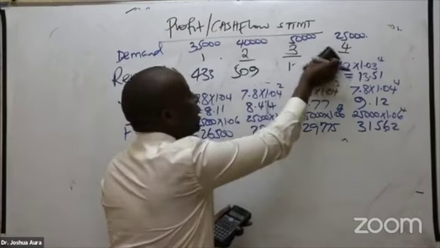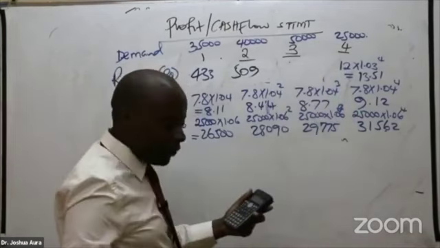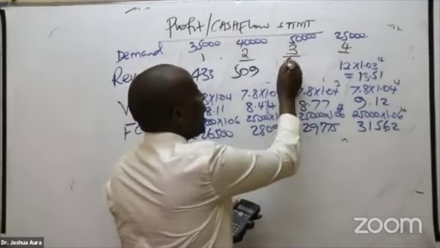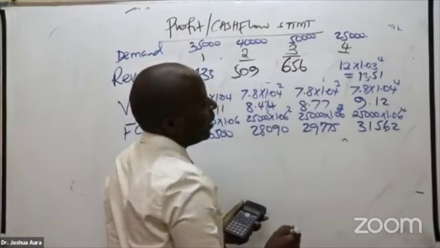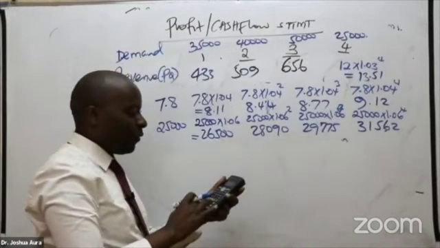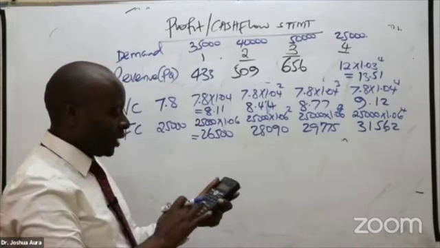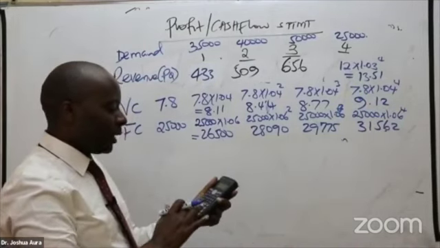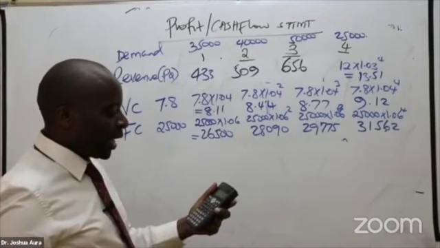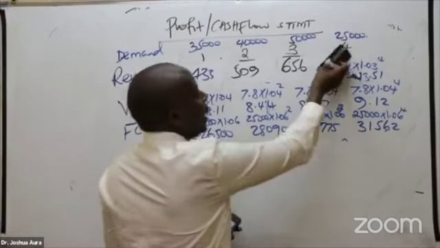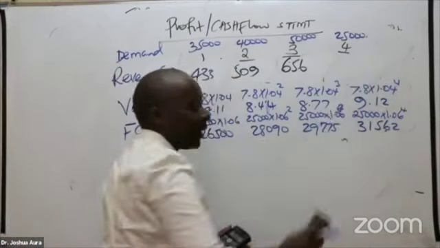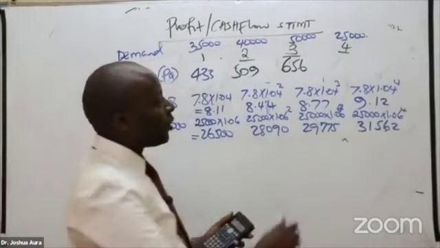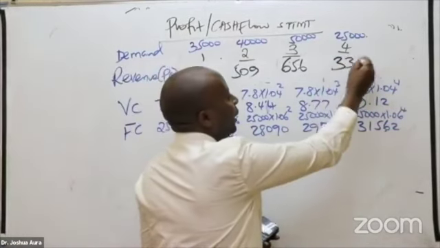So this is giving us 656. You go to the fourth one, 25,000 times 13.51, divided by 1,000, which will end up giving us 338.